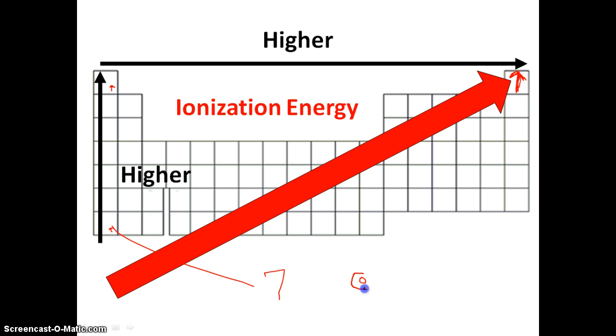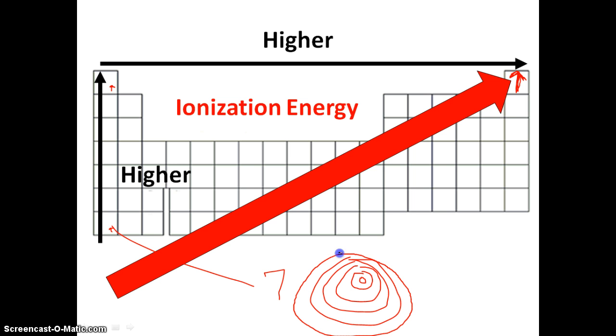So this atom has 7 rings. It's an awful drawing. But if it has 7 rings and on that outer ring it has 1 electron, the nucleus of the atom, which is positive, has a very weak attraction for this negative because of something called shielding.